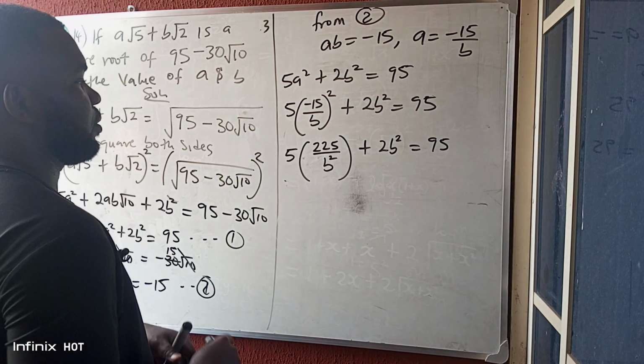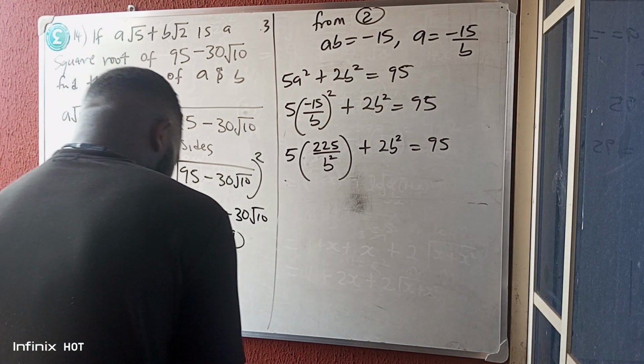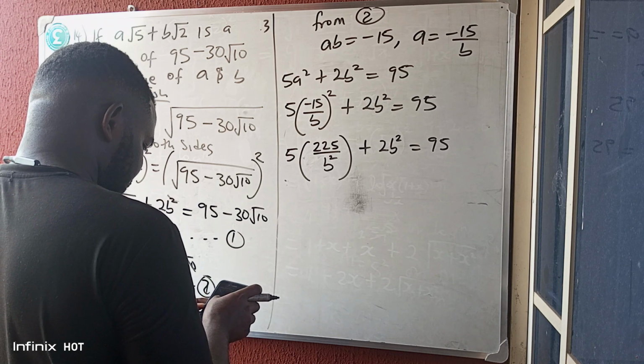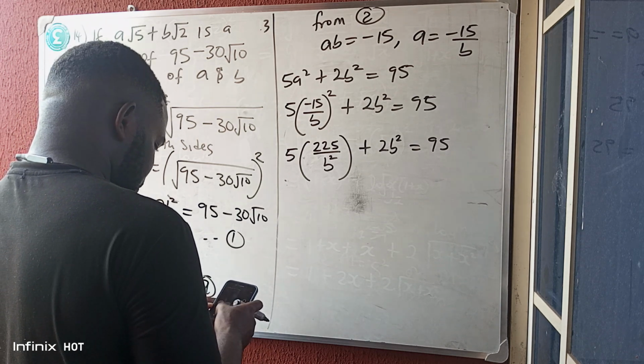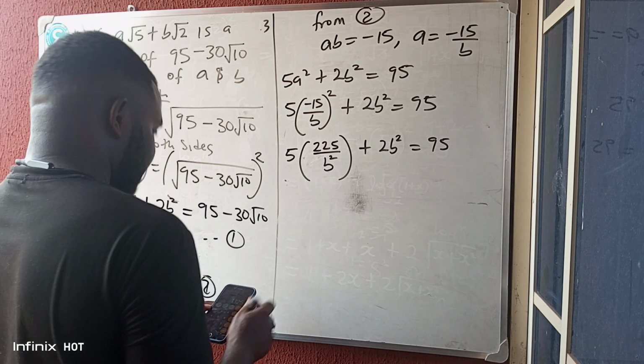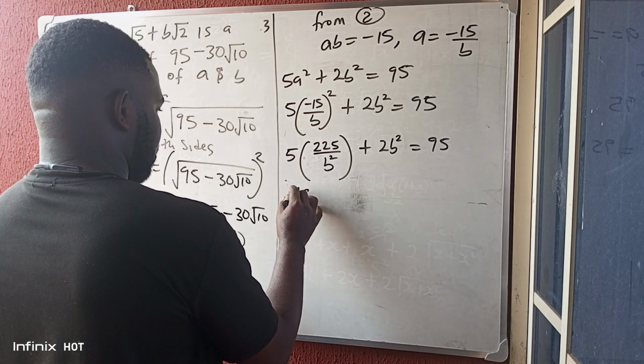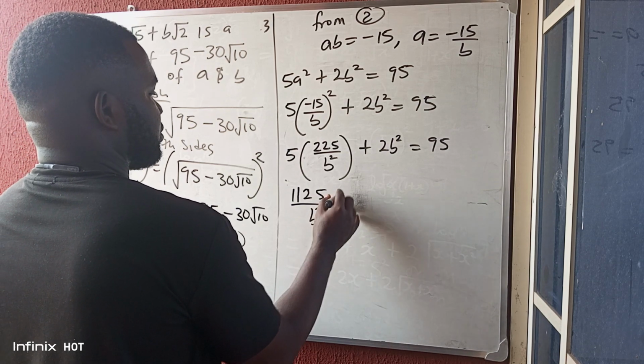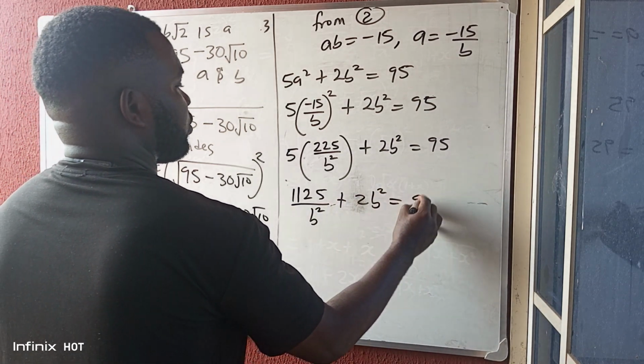So what do we do now? I'm having 5 times this, 225 times 5. So I'm having 1125 over b squared plus 2b squared is equal to 95.